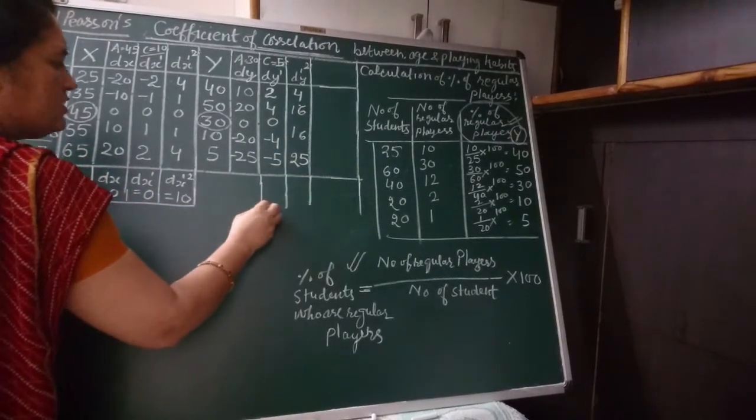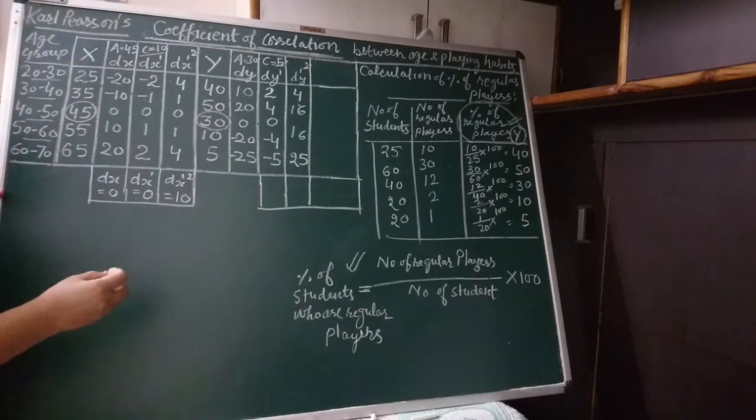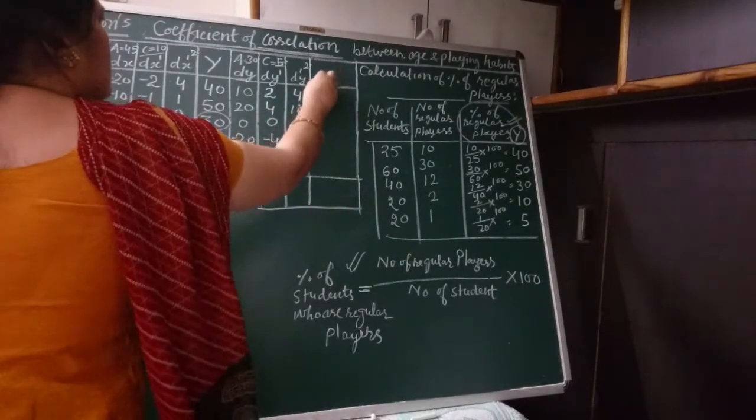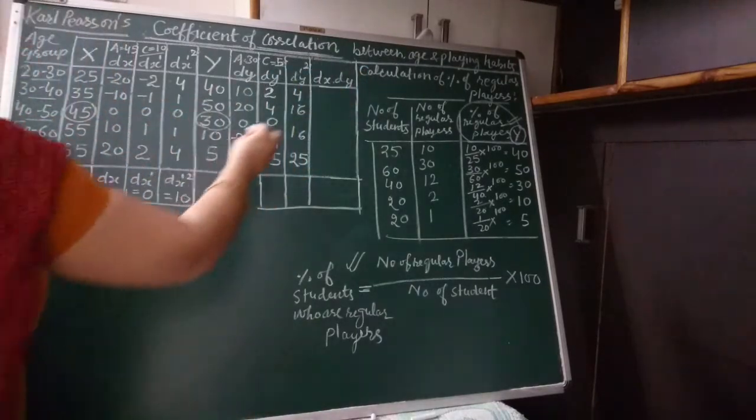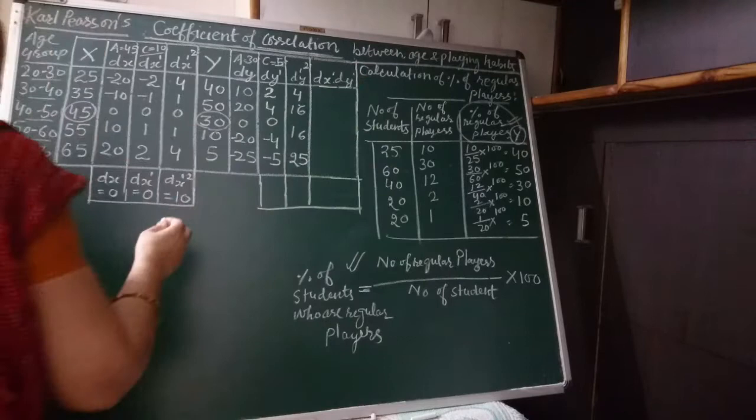and the last calculations are dx multiplied by dy, that is, dx dash multiplied by dy dash.